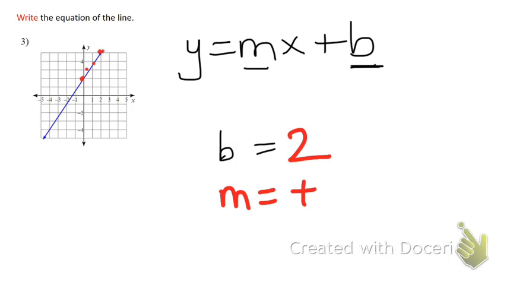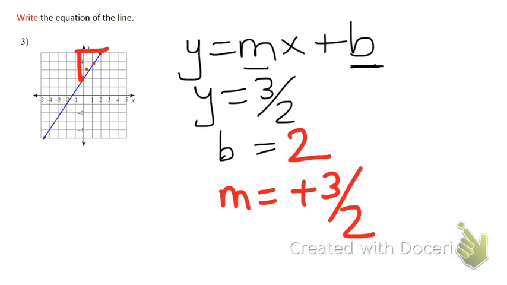So count the rise and the run from my y-intercept. It looks like I went up 3 and right 2. And then just remember to put it back into the equation: y equals 3/2 x plus 2 is the answer.